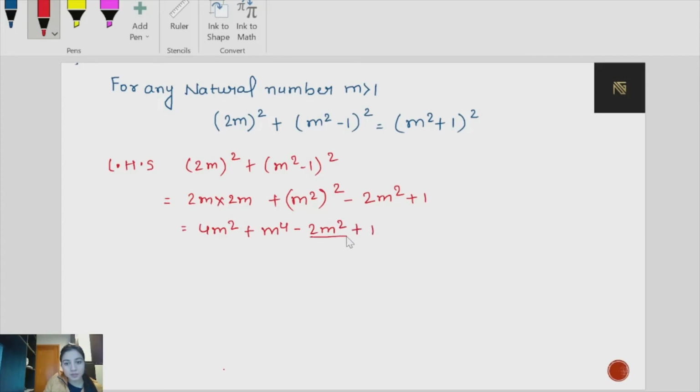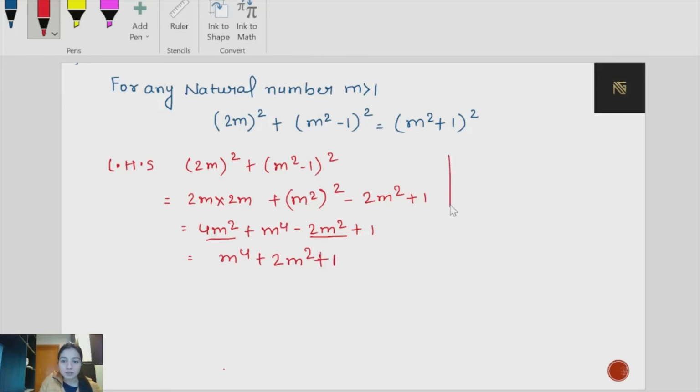We are having m square here and here. So we will apply the operation and at last we will have m to the power 4 plus 2m square plus 1.